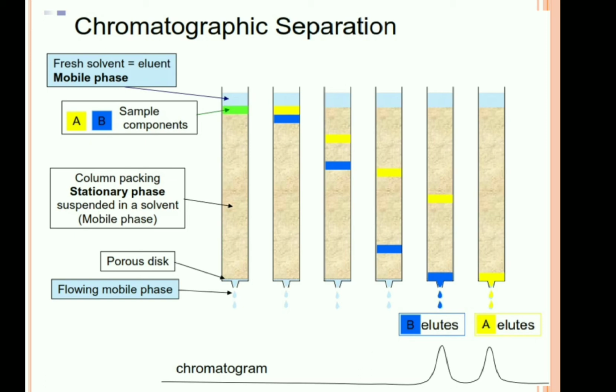Then there is a system in which peaks are shown. The number of peaks represents the number of components, and the width of the peak determines the concentration of the component. The system where we can see these peaks and the elution times is called the chromatogram.